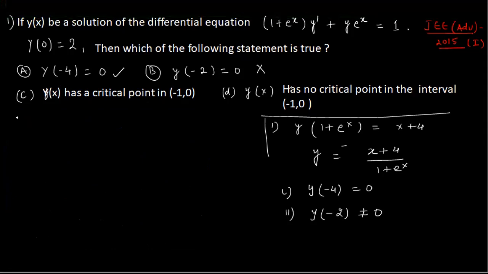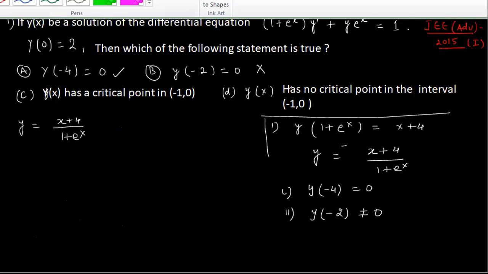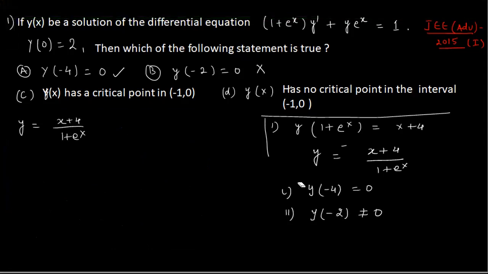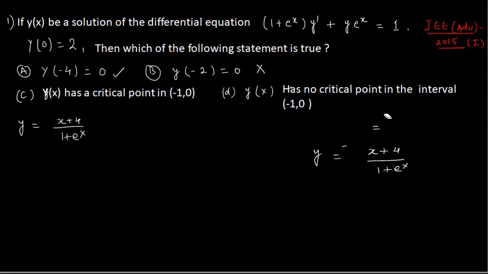Okay, so finally, y is x plus 4 over 1 plus e raised to the power x, and we already concluded that our first option is true and the second one is not true. So in order to say whether y has a critical point in minus 1 to 0, let us find the derivative of this function.